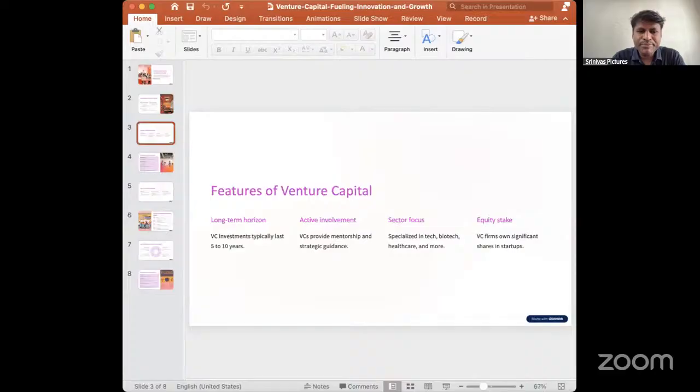The next one is participation in management. In addition to providing capital, venture capital funds take an active interest in the management. The approach of venture capital firms is different from traditional lenders or bankers. It is also different from an ordinary equity investor who merely trades the company's shares without participation.